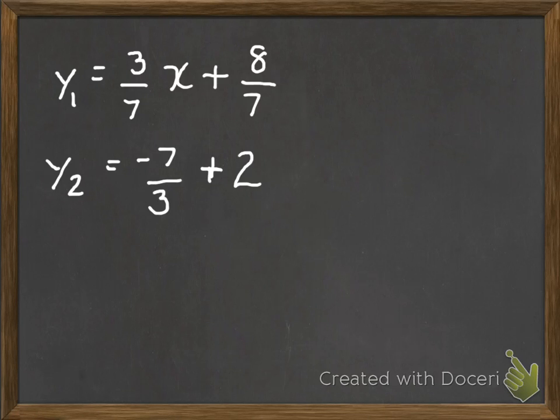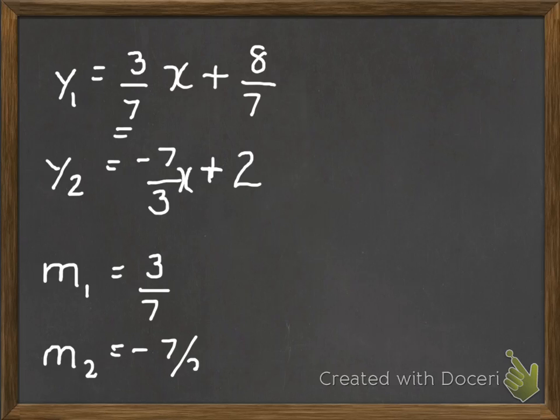So these are our two lines, but now in slope-intercept form. You see, for y sub 1, the coefficient of the x term is 3/7. Let's call that m sub 1. m sub 1 is 3/7. And the coefficient of the x term for the second equation, let's call it m sub 2, is minus 7/3.